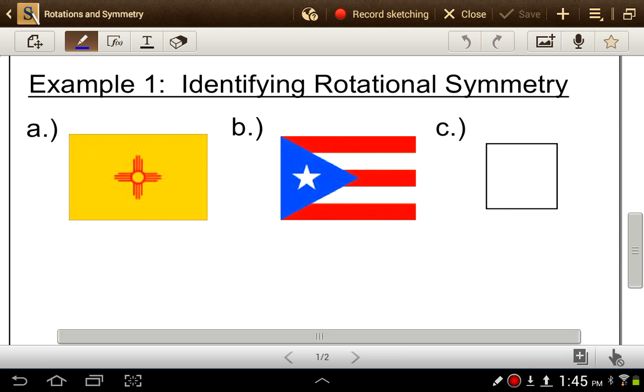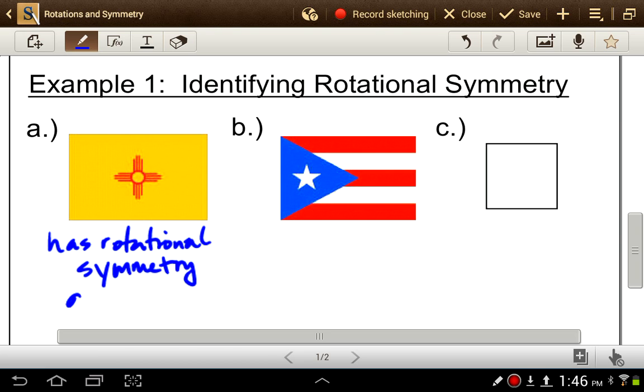So this has rotational symmetry at 180 degrees. At 180 degrees, it looks like the same shape. Every 180 degrees you turn it, it'll look like the same shape.